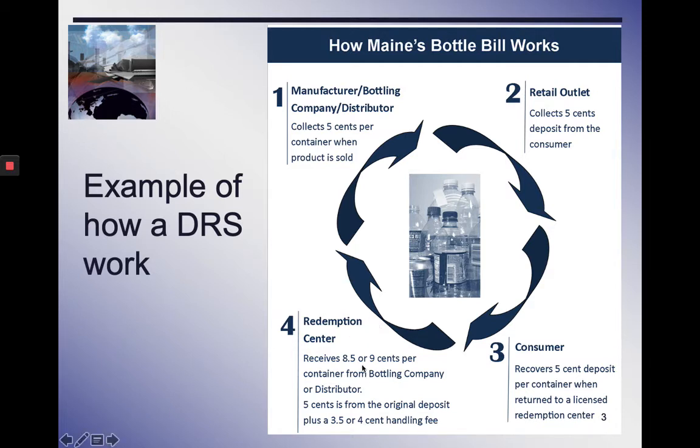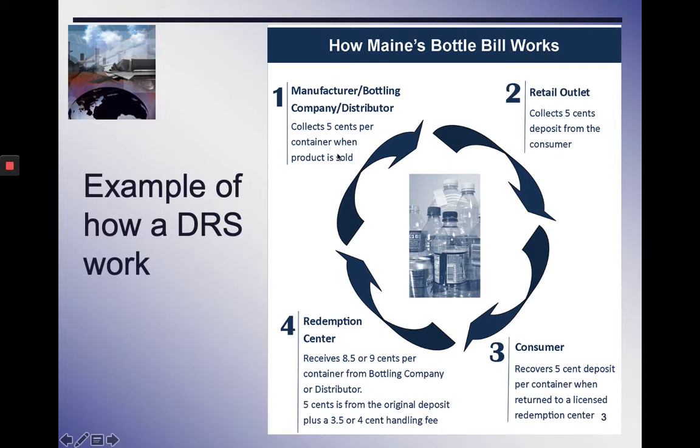The redemption center will send the bottle to the manufacturer or bottling company, and it receives more than 5 cents, maybe 8.5 or 9 cents per container. 5 cents is from the original deposit because it has paid the consumer, and there's an additional 3.5 or 4 cents that is considered handling fee.